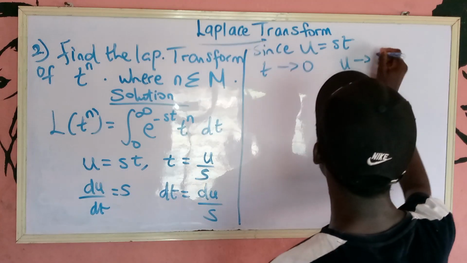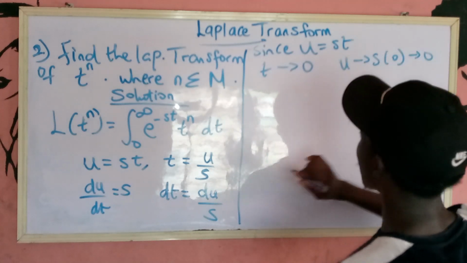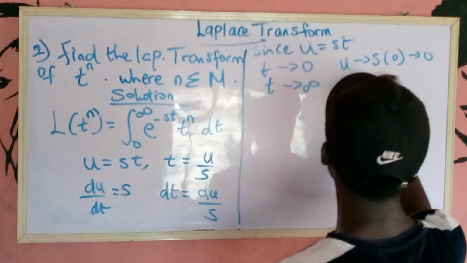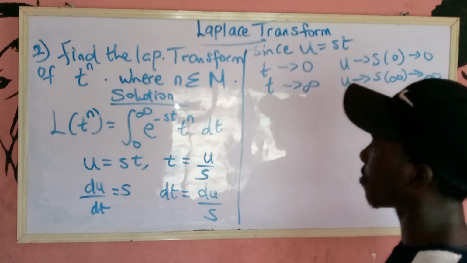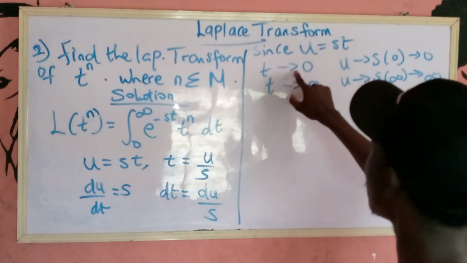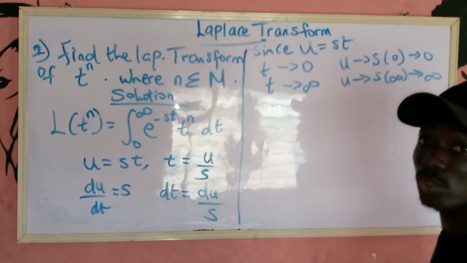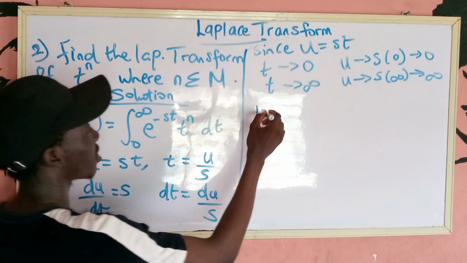What is my u? That is s times 0, and that is 0. Also, as t goes to infinity, my u is s times infinity, and that is also infinity. So it has the same value. As t goes to 0, u goes to 0. As t goes to infinity, u goes to infinity. That means the boundary remains the same.